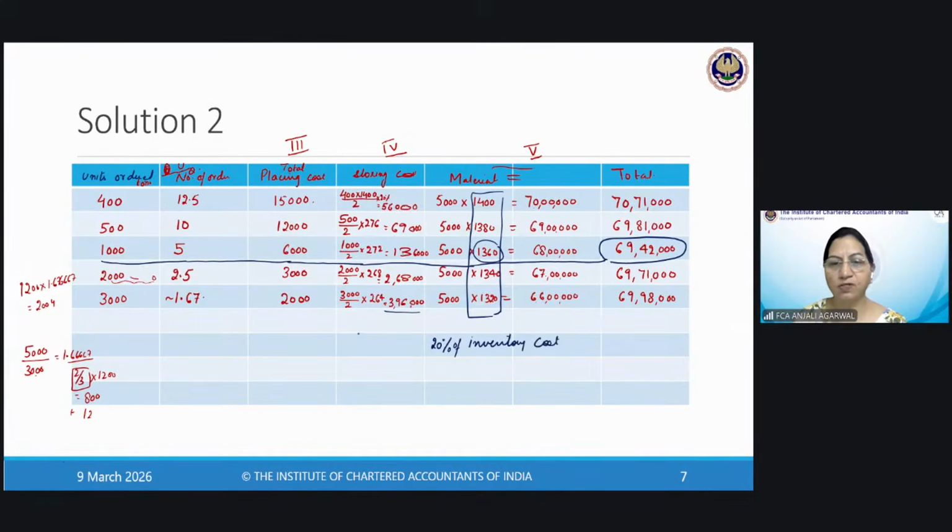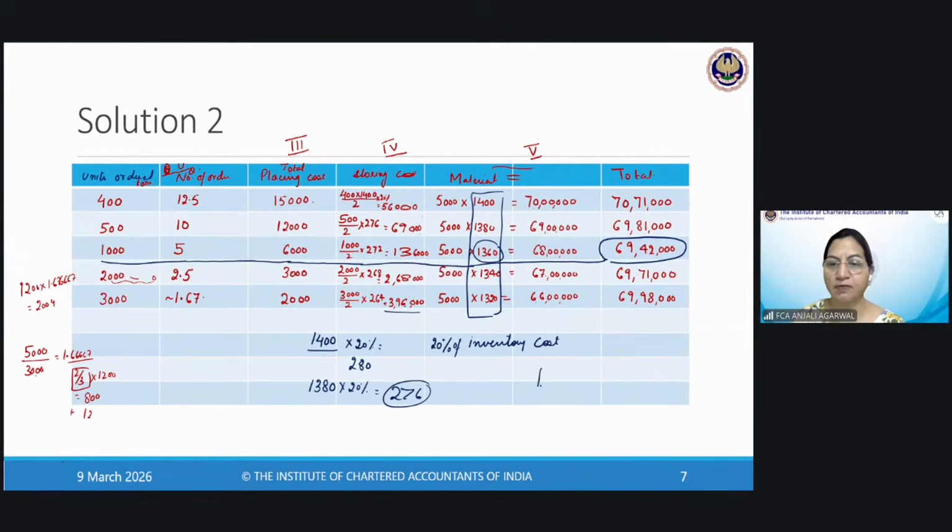So when inventory costs you 1,400, if you buy 1 unit for 1,400, you have to store it. 20% of 1,400 would be 280. But if the same raw material starts costing you 1,380, then 20% of 1,380 would be 276. So because there is a decrease in price, the carrying cost is decreasing per unit. But because you are ordering more units, in total it is increasing.